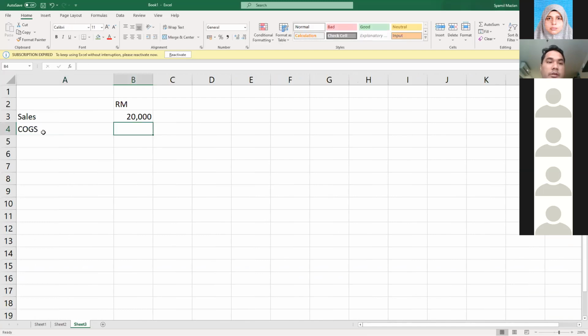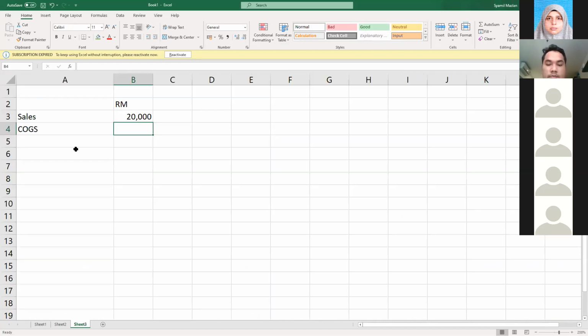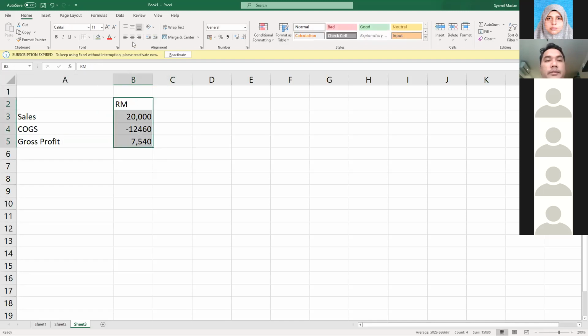Our COGS is 12,460. So this is what we call the gross profit. Okay. Are you clear until this part?